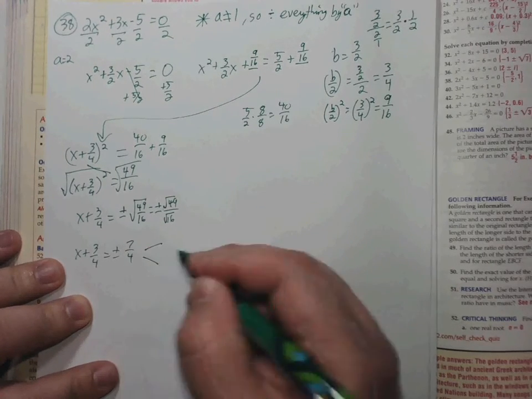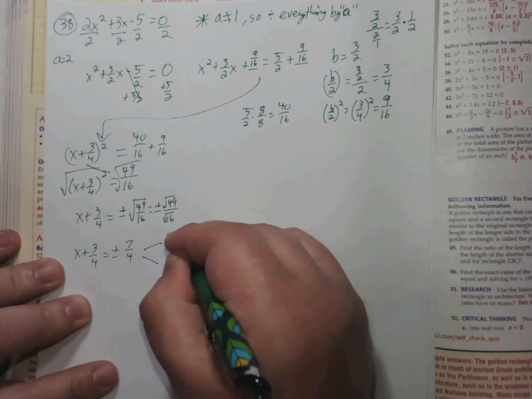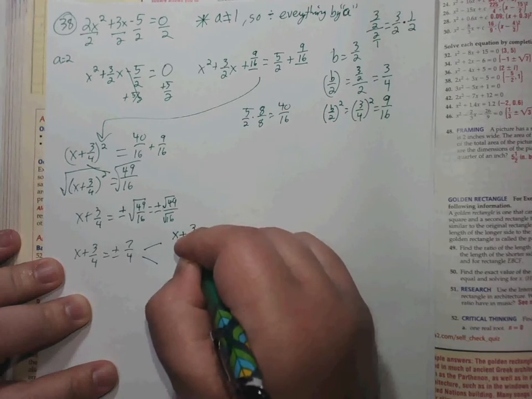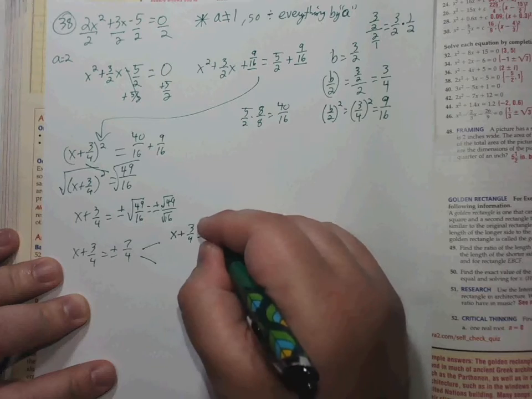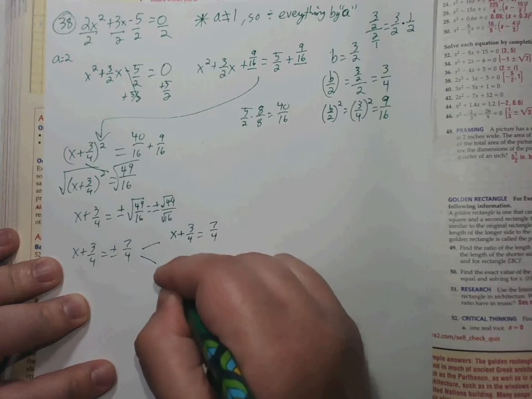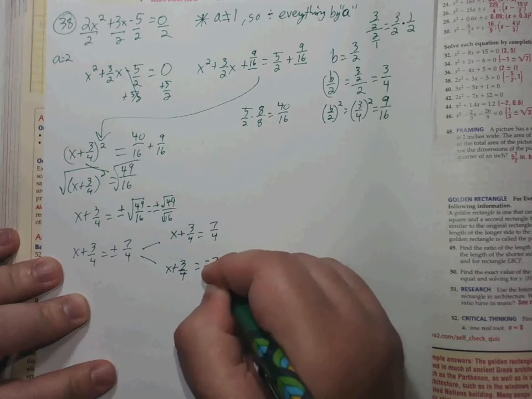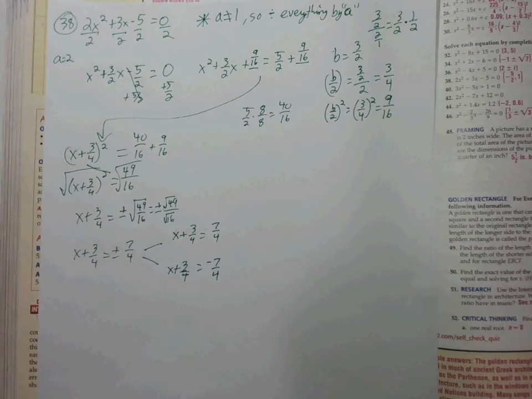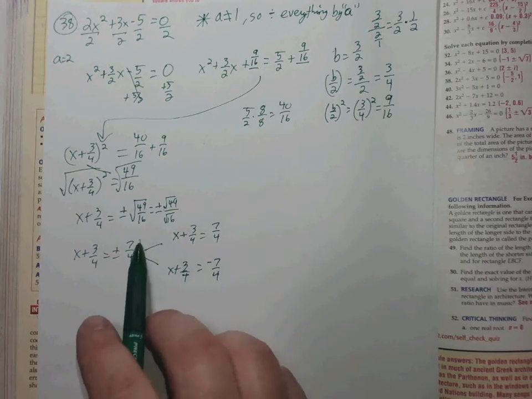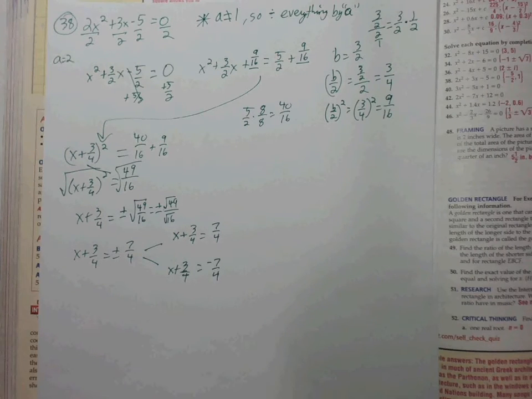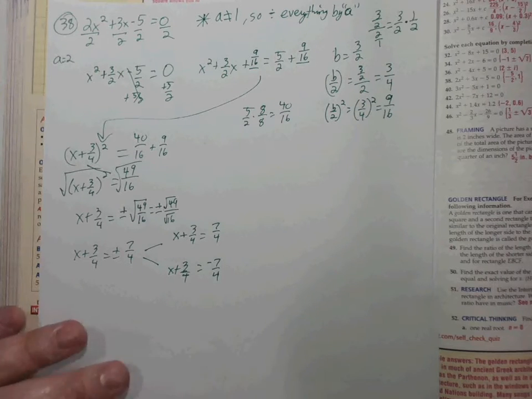Now, we split it up. x plus 3 over 4 equals 7 over 4, and x plus 3 over 4 equals a negative 7 over 4. You have to split it up and work them both out if you're not left with a radical. If you're left with a radical, you can just write it as one number and it'll be fine. The plus or minus. Here, you have to actually work it out.